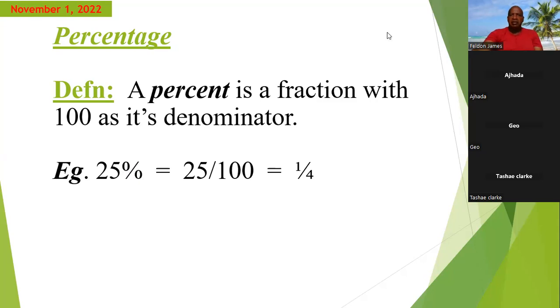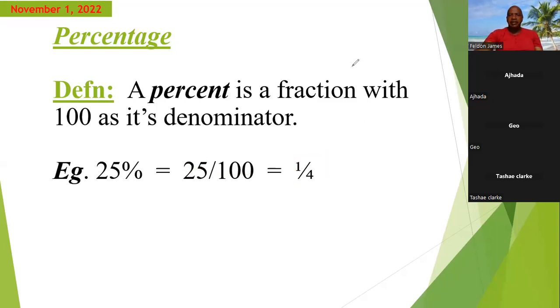You find a number that can go into both 25 and 100, or the highest common factor. The highest number that can go into 25 and 100 would be 25. 25 into itself, 1. 25 into 100, 4. And so the fraction that we end up with is a quarter.